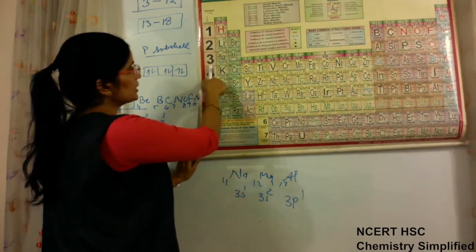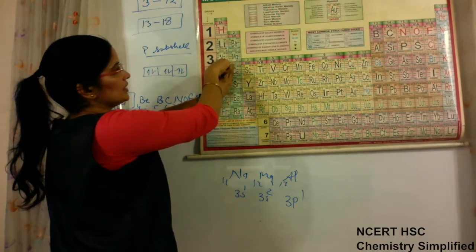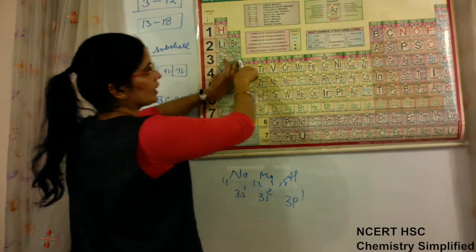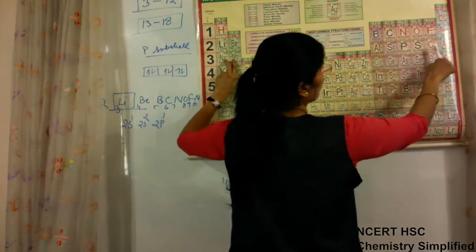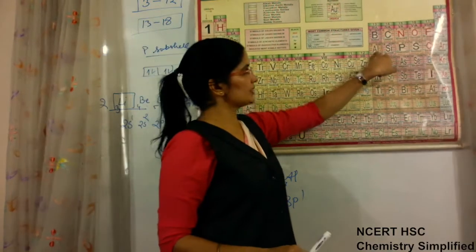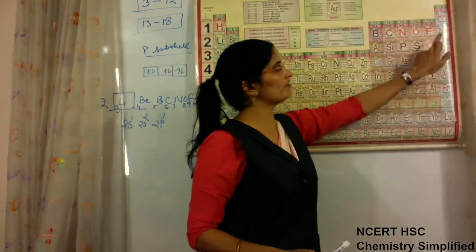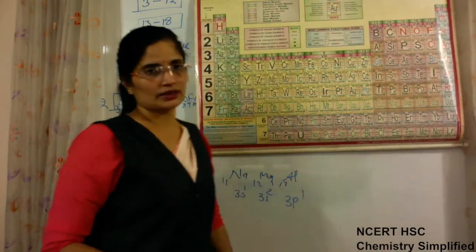That is why in the third shell we have 2 elements here, 3s1, 3s2, and then 1, 2, 3, 4, 5, 6 elements here to be filled as 3p1, 3p2, 3p3, 3p4, 3p5 and 3p6.